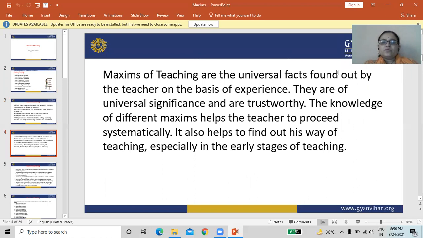They are of universal significance and are trustworthy. The knowledge of different maxims helps the teacher to proceed systematically. It also helps to find out his way of teaching, especially in the early stage of teaching.